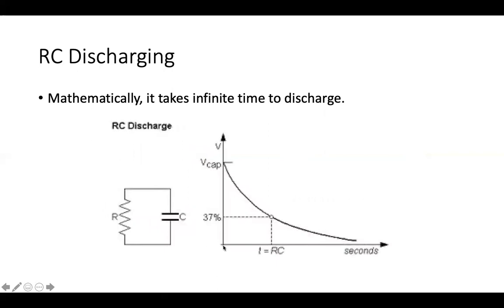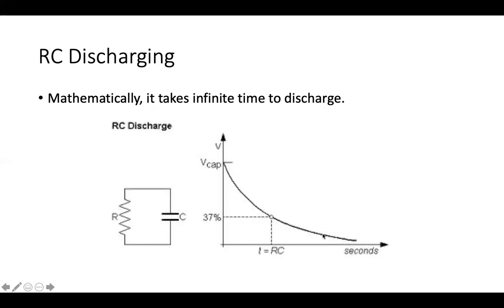As time goes on, the voltage on the capacitor keeps decreasing when it's being discharged, because the charge is removed. Remember, the capacitance is a device constant. Okay, so here's the discharge.